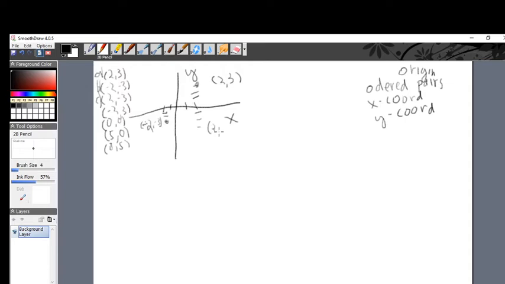Here's the point (2, -3). How about D? Here's D: (-2, 3). You go back 2 and you go up 3. 1, 2, 3. And you have (-2, 3), this point over here.